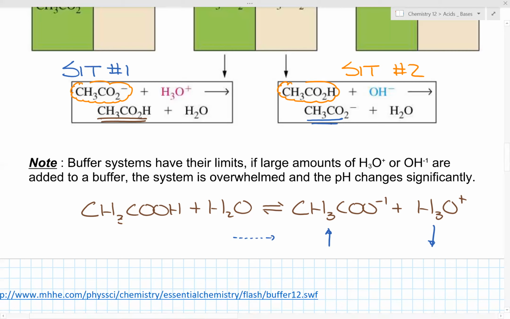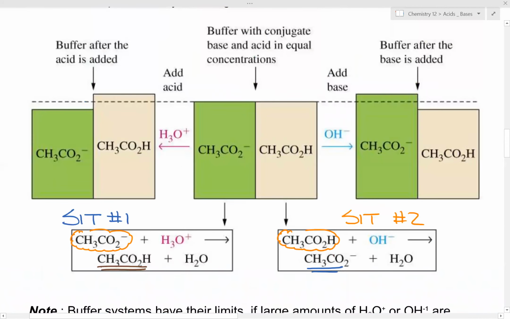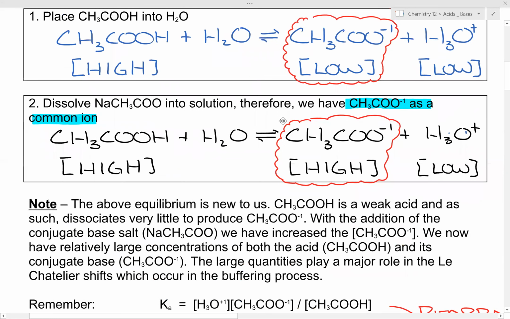When we talk about buffer systems, you want to focus on the fact that it's the acid or base reacting with the conjugate ion or the actual acid itself. And the reason is because you have a high concentration of the acid and a high concentration of its conjugate base ion. And these, due to reaction kinetics, would react with any extra acid or base that is added to the system or added to the reaction.